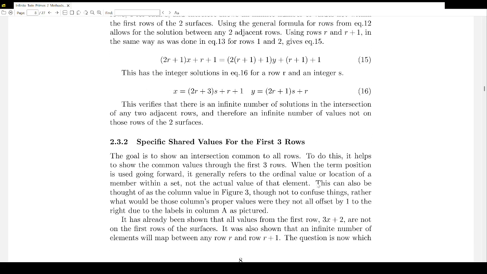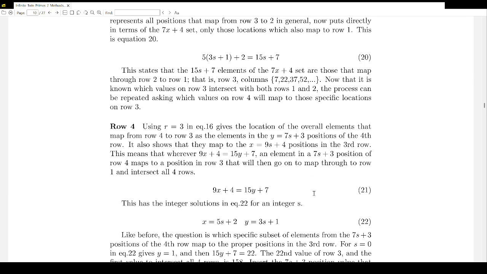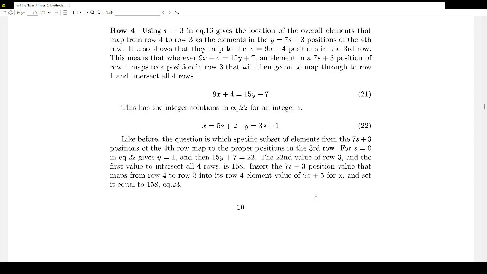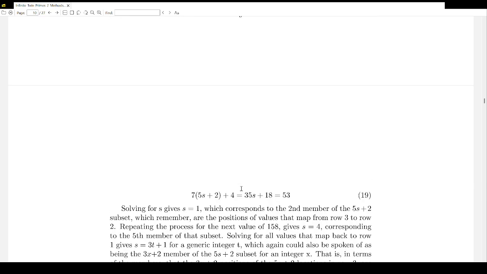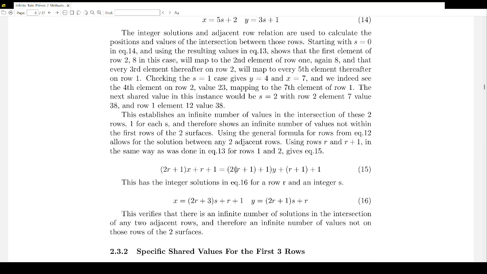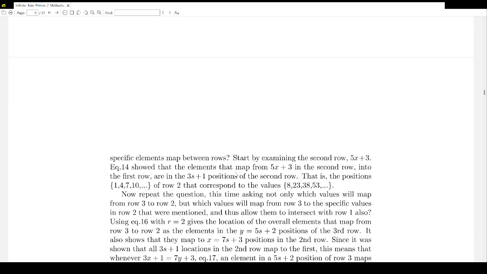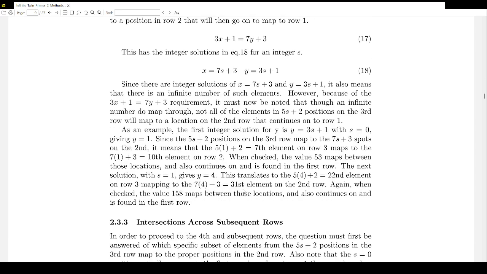We're getting familiar with doing this process to find the ones that map through a specific subset of ones that we know will be on all those first 4 rows. Now, a number might be in the 5th row or 6th row or whatever, but we're building up to all rows. If it's not in those first 4 rows, it's not on those first 2 surfaces in their first 4 rows, therefore it would generate a twin if it's also nowhere on any higher rows.